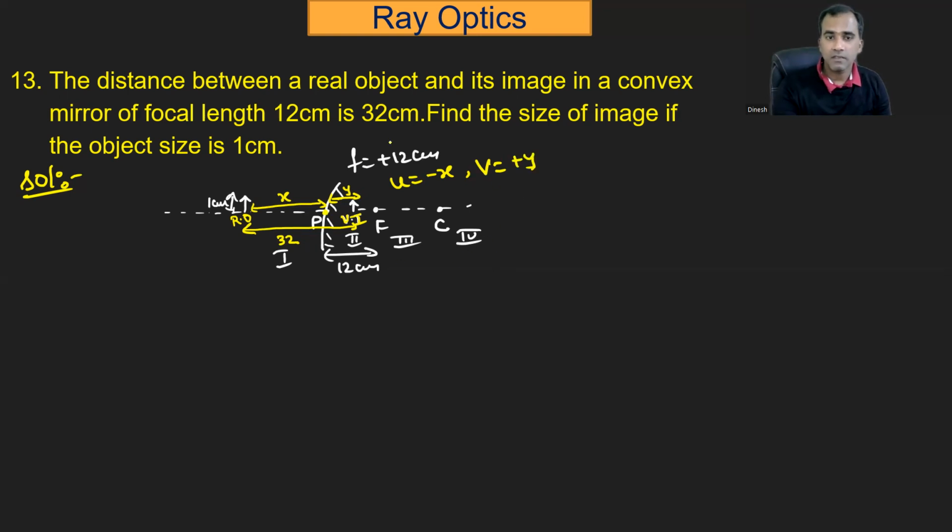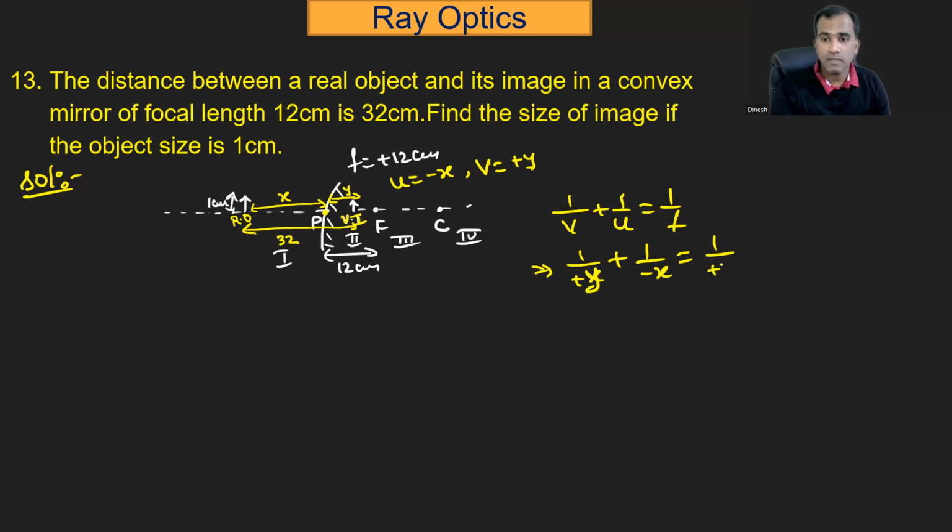So focal length is given. We have a formula: 1 by v plus 1 by u is equal to 1 by f. Let us substitute. 1 by v is 1 by plus y, plus 1 by u is 1 by minus x, is equal to 1 by f. f is plus 12.